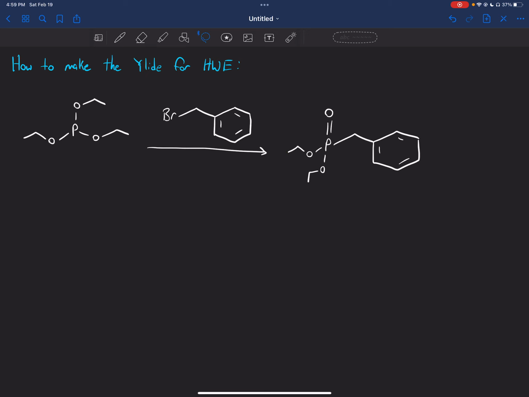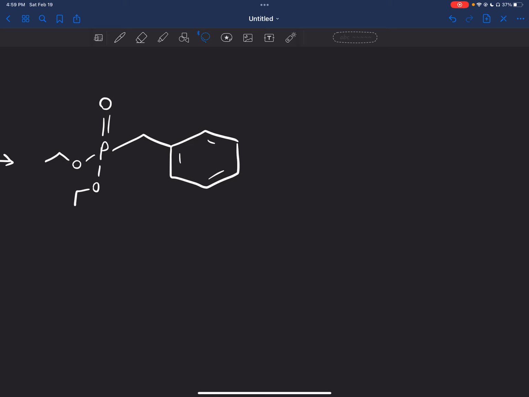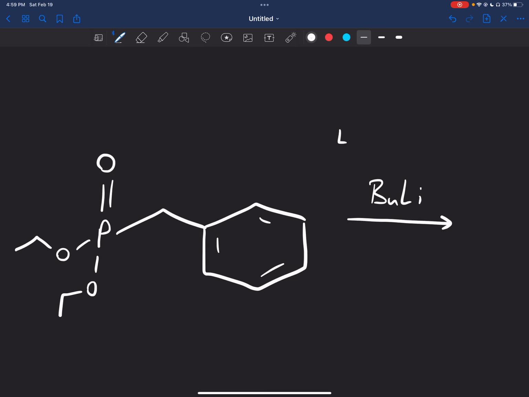All right, now, once we have that, we're going to again have to create that negative charge. So we can use our BuLi just like in the original one. It's going to take the H on the carbon the phosphorus is connected to, and it's going to put a negative.